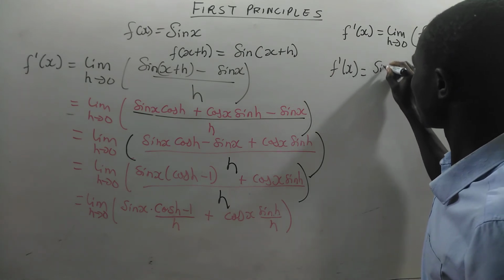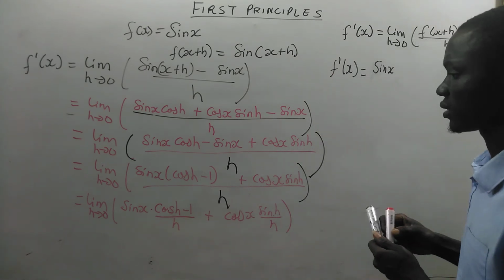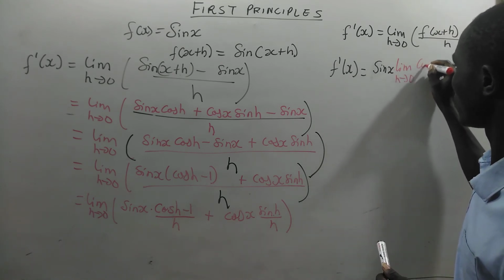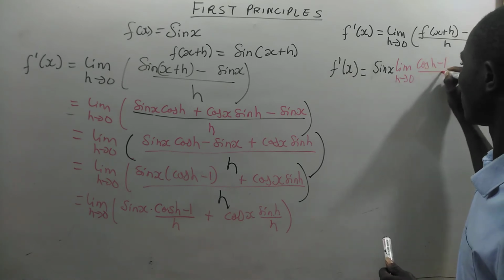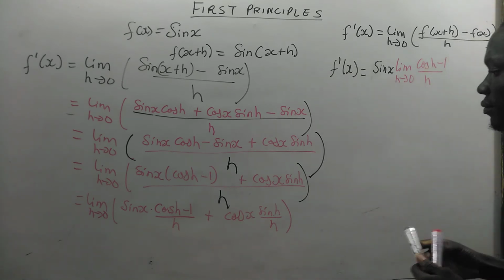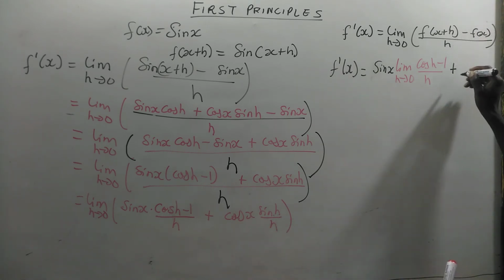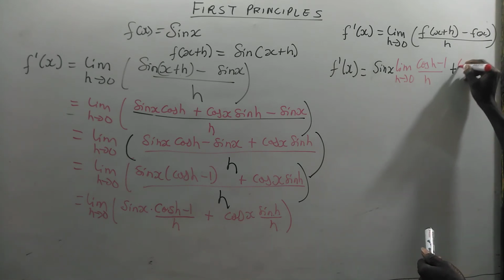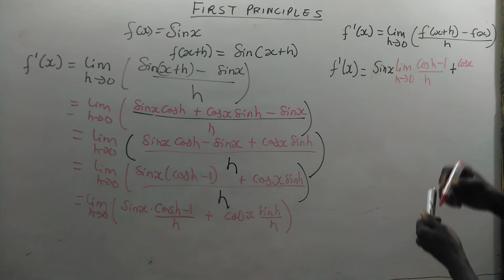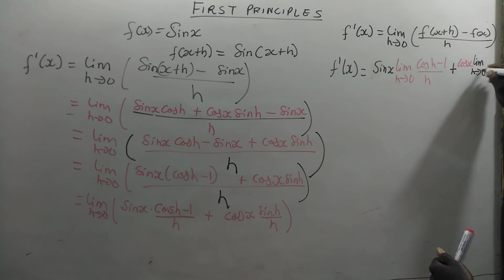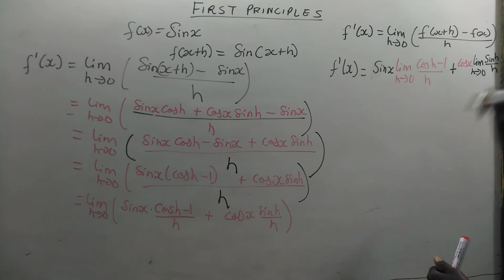So you are having sine x out, then we take the limit as h approaches 0 of cosine h minus 1 divided by h, plus, here cosine x is a constant, so we take plus cosine x, then the limit as h approaches 0 of sine h divided by h.